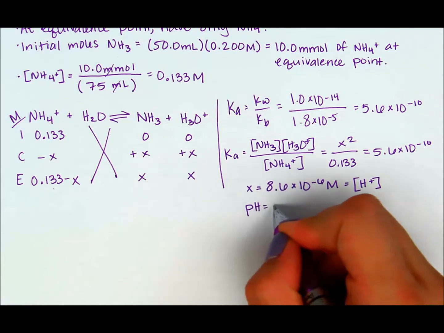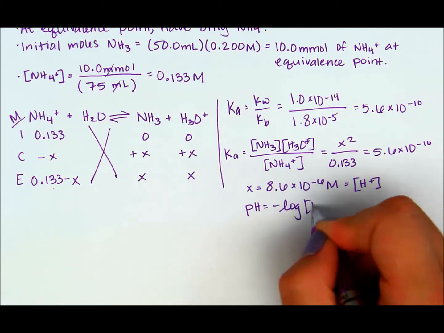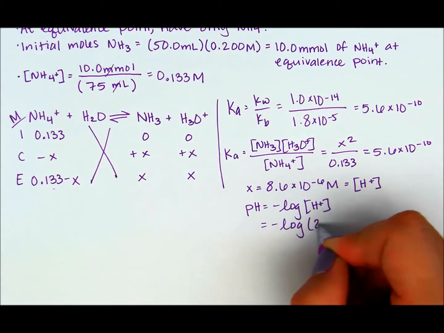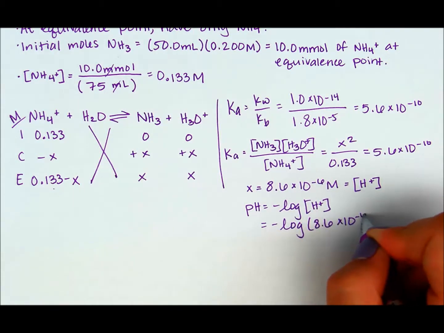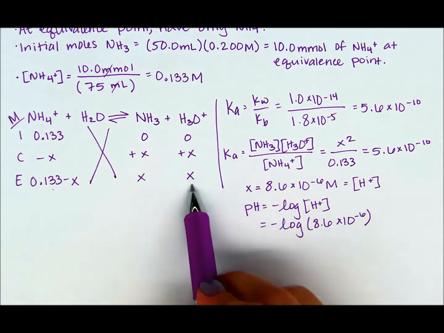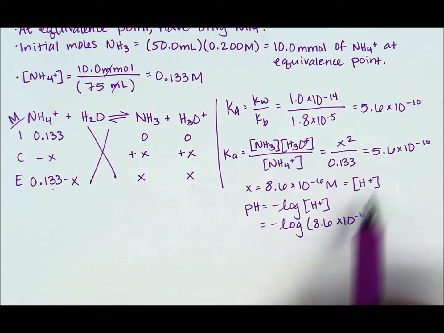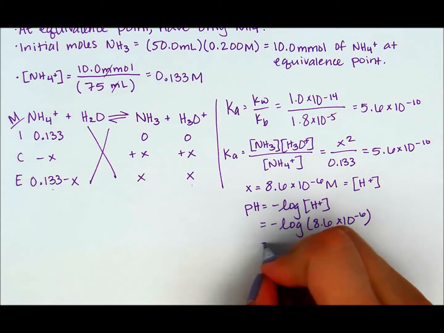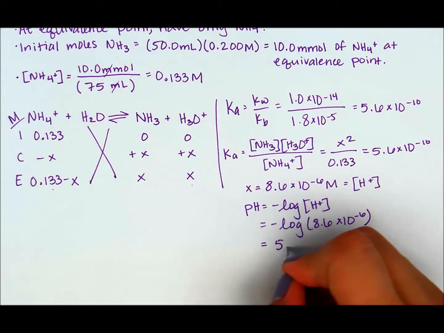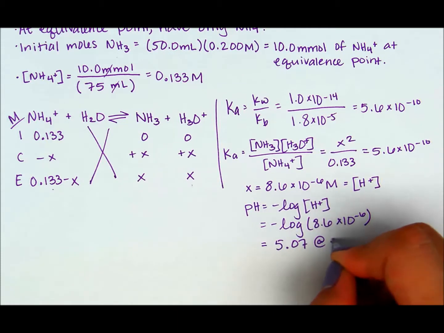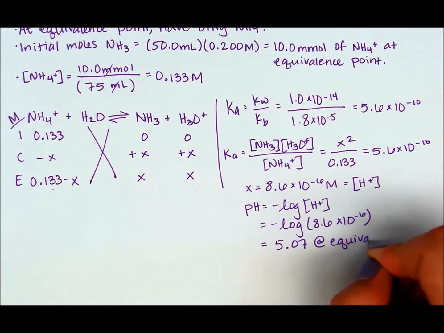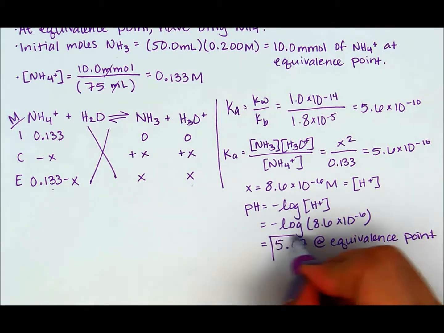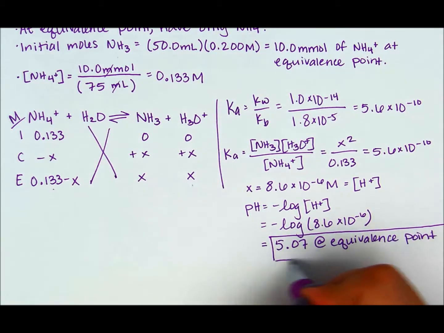So our pH equals negative log of H+, which equals negative log of 8.6 times 10 to the negative 6, because our H+ is the same as H3O+, and X is equal to that number. And that equals 5.07 at the equivalence point. Your pH is 5.07 at your equivalence point.